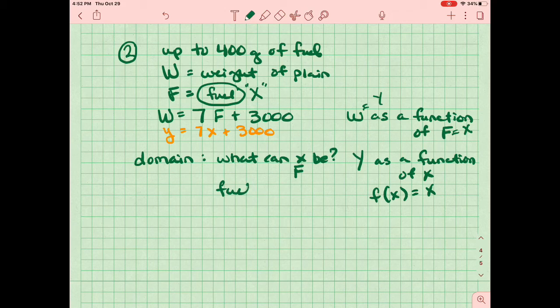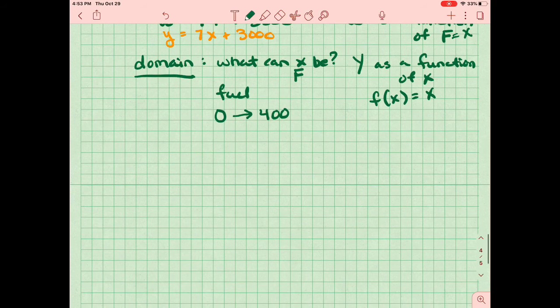We know that it holds up to 400 gallons of fuel. So then just common logic tells me that we could be out of fuel but not negative. So we could go from 0 to 400. And so I'm going to check that: the amount of fuel in the airplane's tank, not the weight, and the set of all real numbers from 0 to 400.